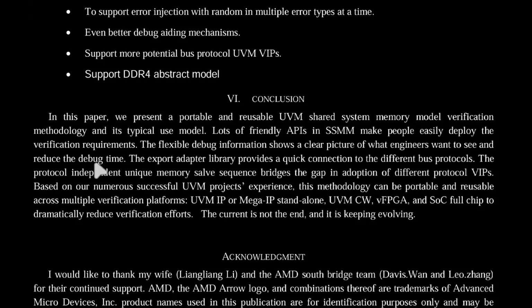The exporter adapter libraries provide a quick connection to different bus protocols, and a bus protocol independent unique memory slave sequence bridges the gap in the adoption of different protocol VIPs.